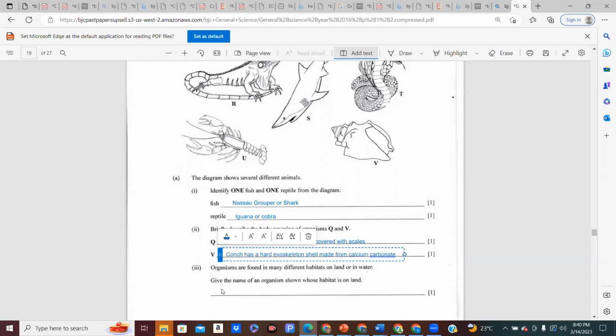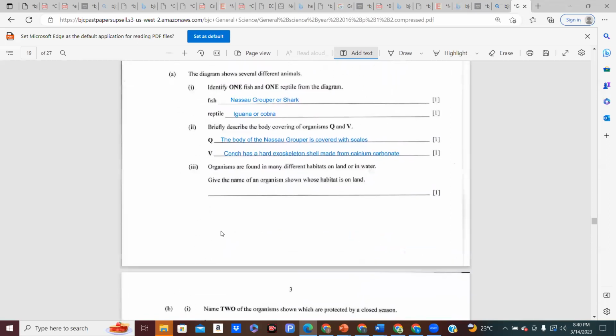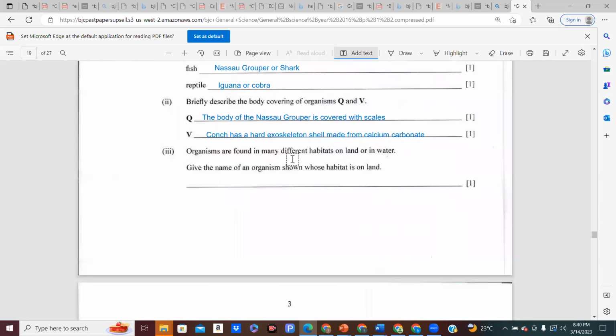Miss Neely, can you read A triple I? Organisms are found in many different habitats on land or in water. Give the name of an organism shown whose habitat is on land. Very good.